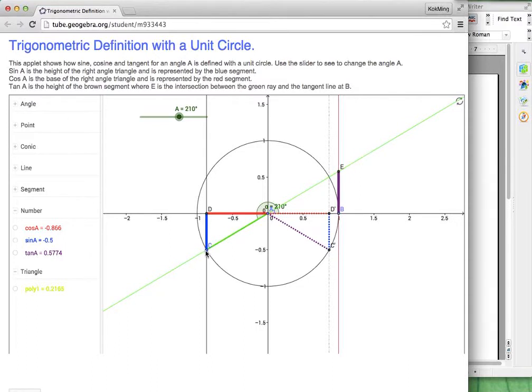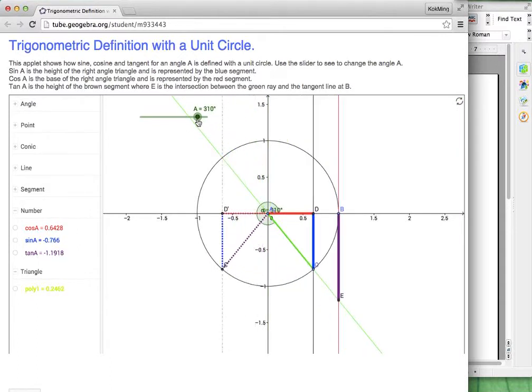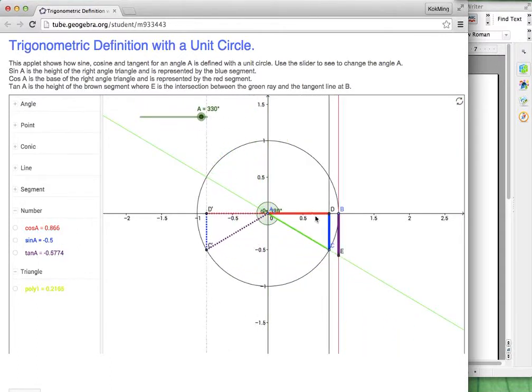So this is negative 0.5, and it's the same as, here is 30 degrees, 330 over here. All right, so let's check. 330 gives the same thing, negative 0.5, exactly the same, right? We exchange position because at 330, this angle here is 30 degrees, and here the angle is 30 degrees.